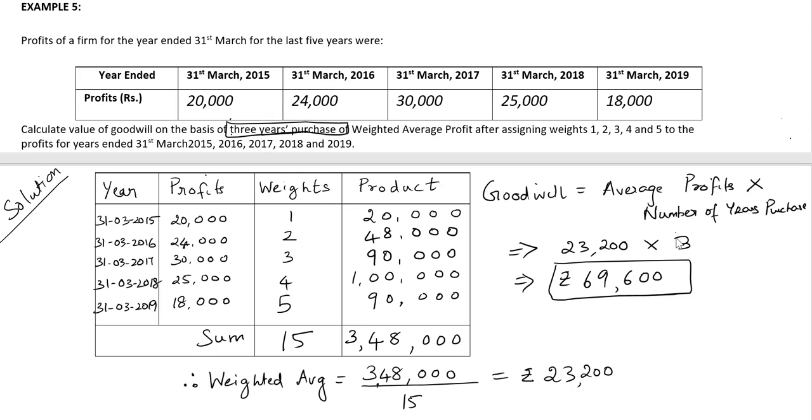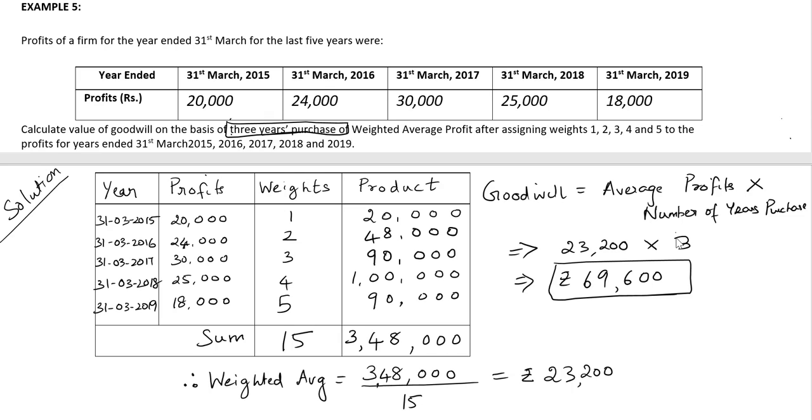So we've done an example where we have to find out the value of goodwill using average profits method but based on weighted average. So for this we prepared a table with year in the first column, the profits in the second column. We assigned the weights in the third column.